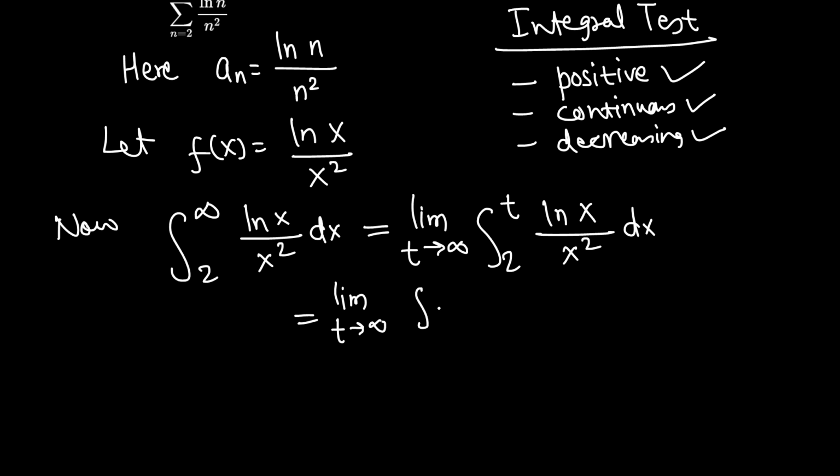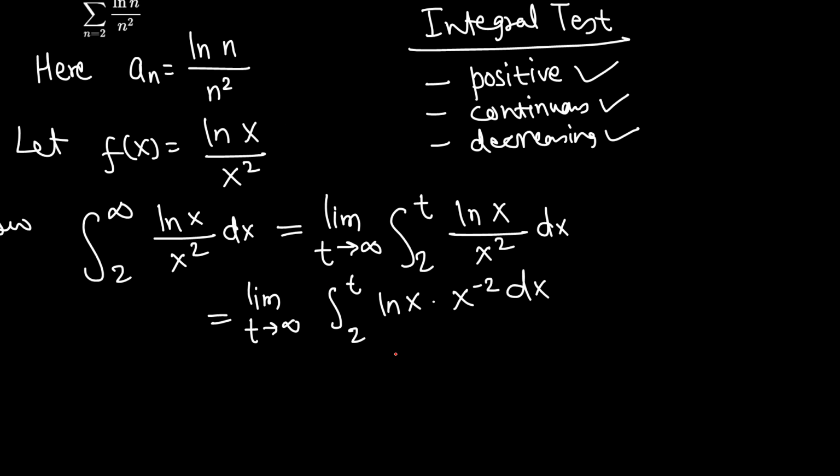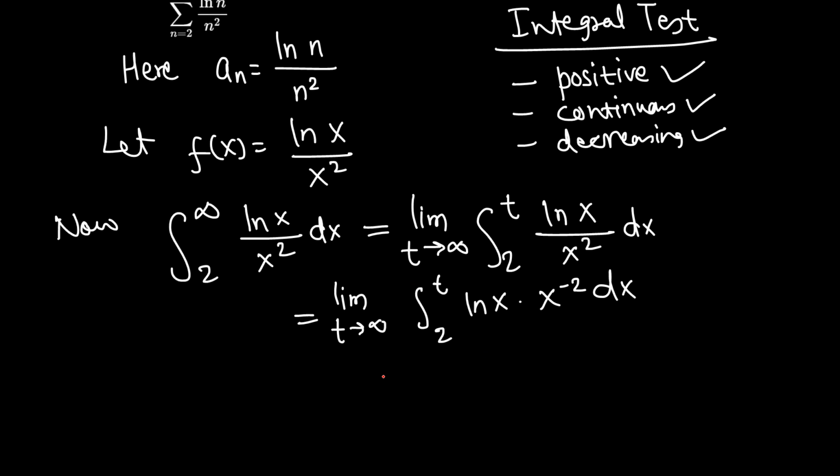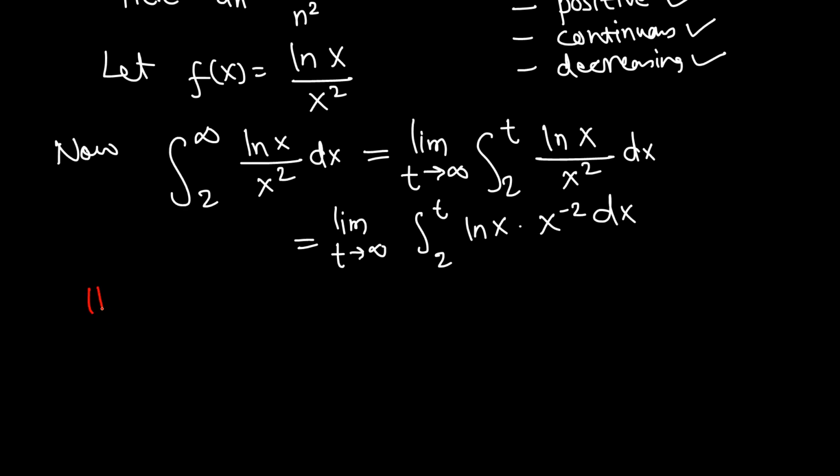Now we can convert this into a product and use integration by parts. Let's put natural log of x times 1 over x squared, which is the same as x to the negative 2 dx. Integration by parts is when we have the integral of u dv equals u times v minus the integral of v du.